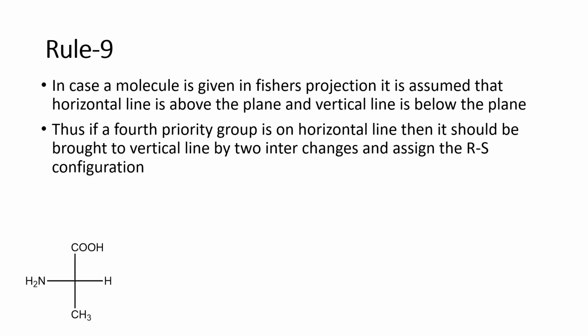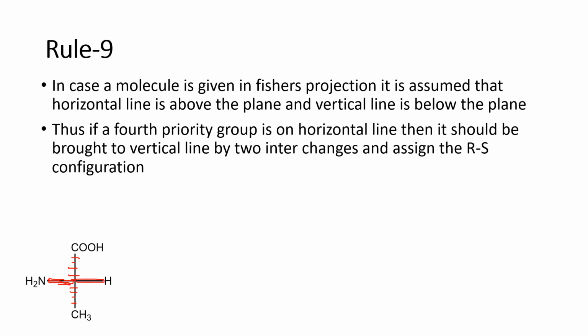But if it is represented in a Fischer projection, then you have to assume the vertical and horizontal lines. The vertical line is dotted, which means those groups are present on the back side, so these two groups are on the back side and these two groups are on the front side, which means they are wedge shaped.